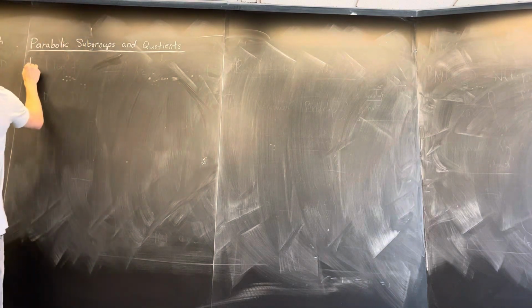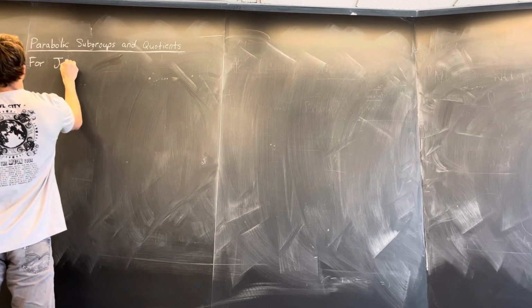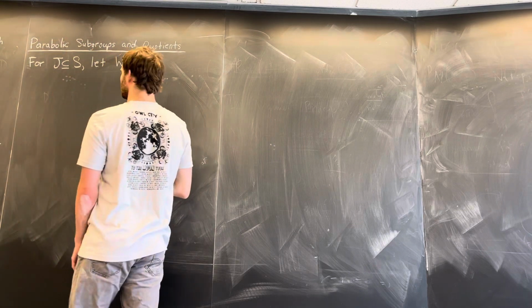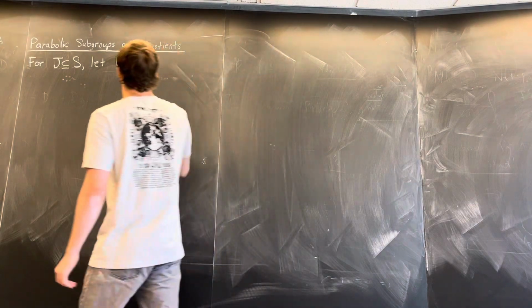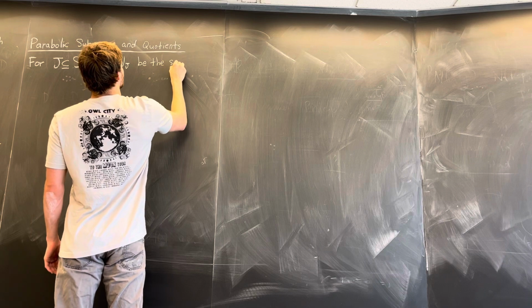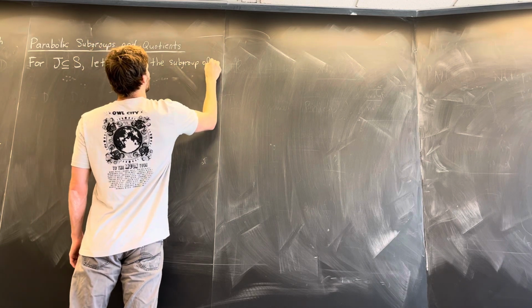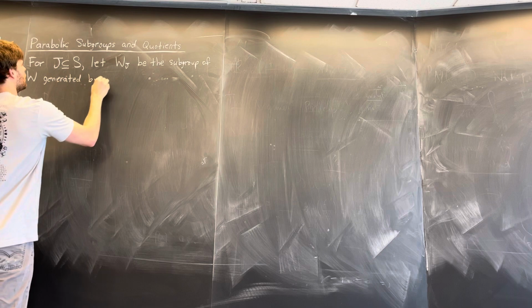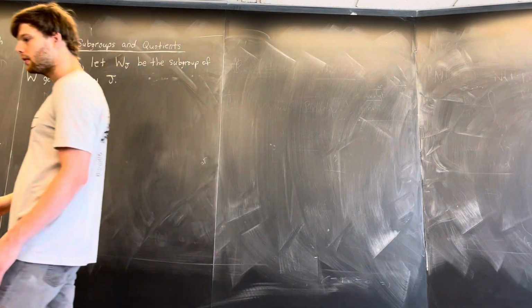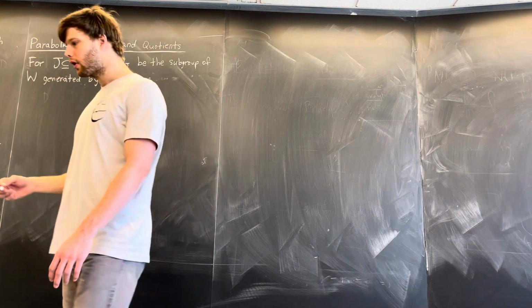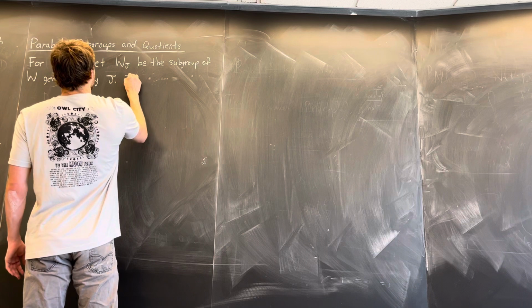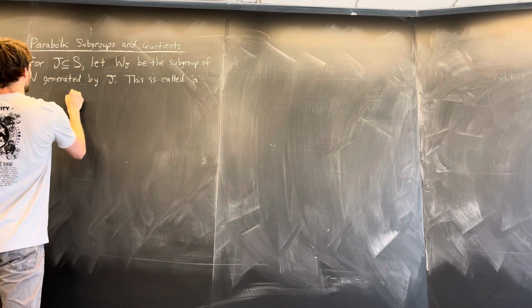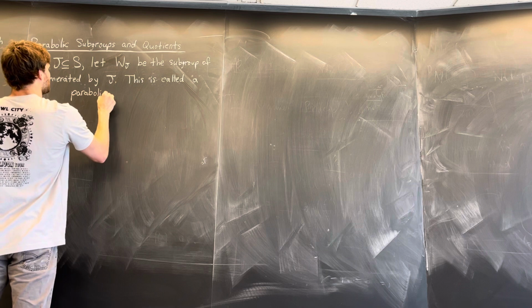If I have some set J of simple reflections, I'm going to let W sub J be the subgroup of W generated by J. This is called a parabolic subgroup.